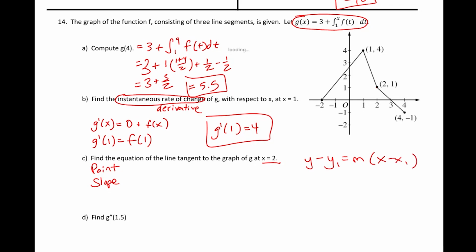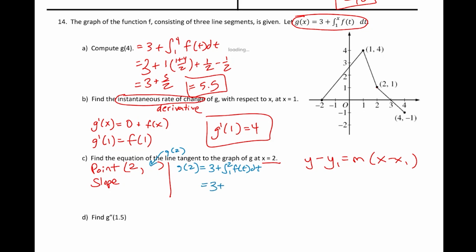Okay, so the point is at when x is 2. So we need to find the y value of that point. And to find the y value, that's going to be g of 2. Okay, this y value is g of 2. So let's evaluate g of 2. g of 2 is 3 plus the integral from 1 to 2 of f of t dt.